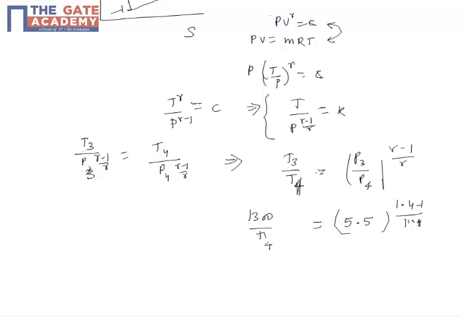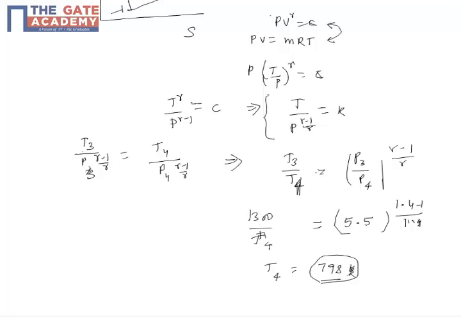So from this equation the only unknown is T4, and the T4 value comes out to be 798 Kelvin. So it's 1300 divided by this, so it's approximately 798 Kelvin.